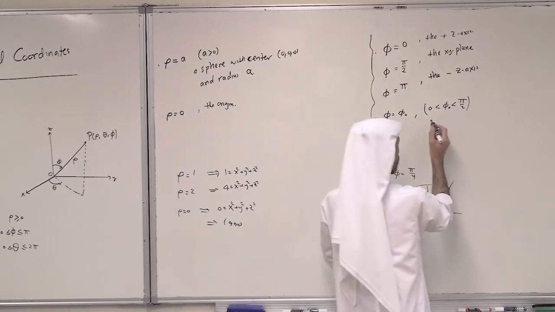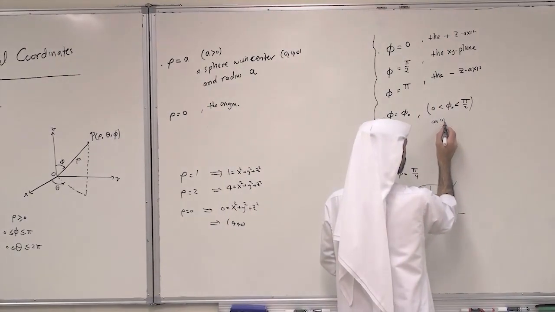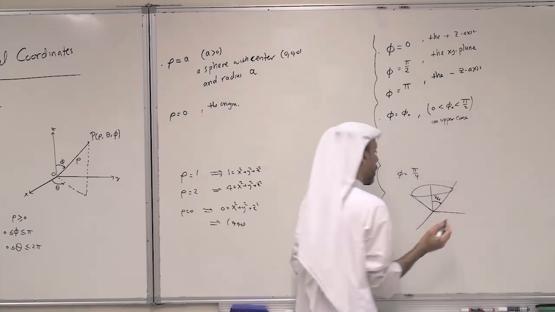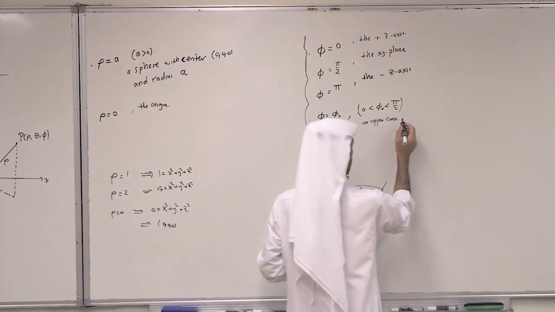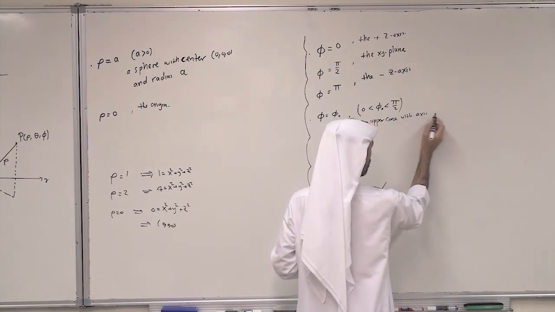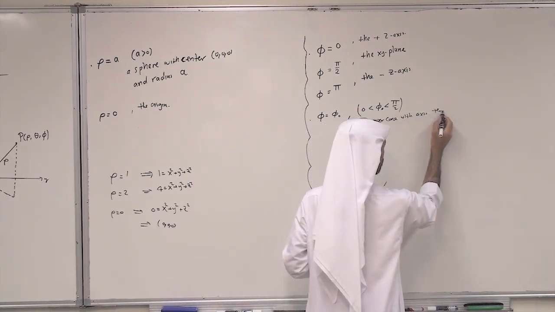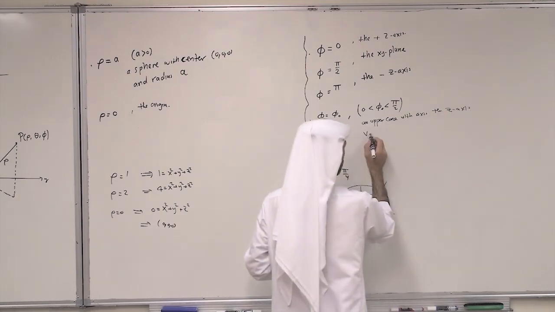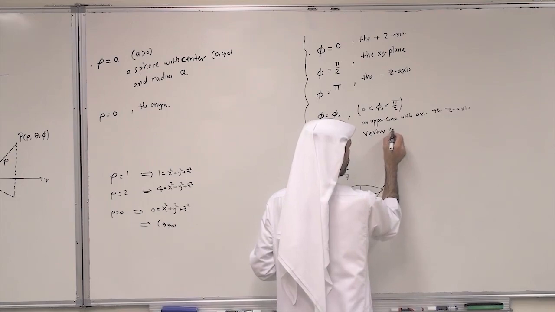So here, an upper cone with axis the z-axis and vertex the origin.